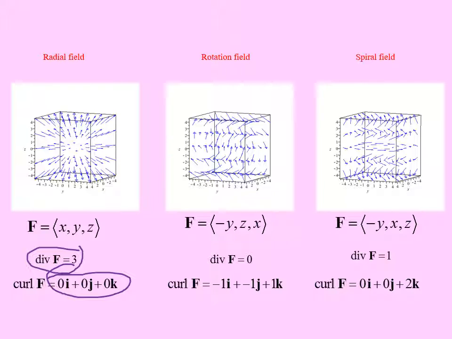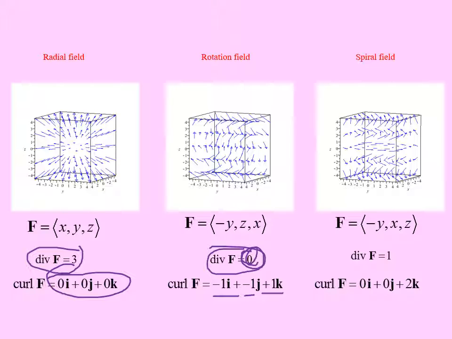The second one has what? No divergence. These vectors are going every which way. So there's lots of vectors going in all sorts of directions, but not a lot that's actually going out in any one particular direction. They're rotating in all directions.